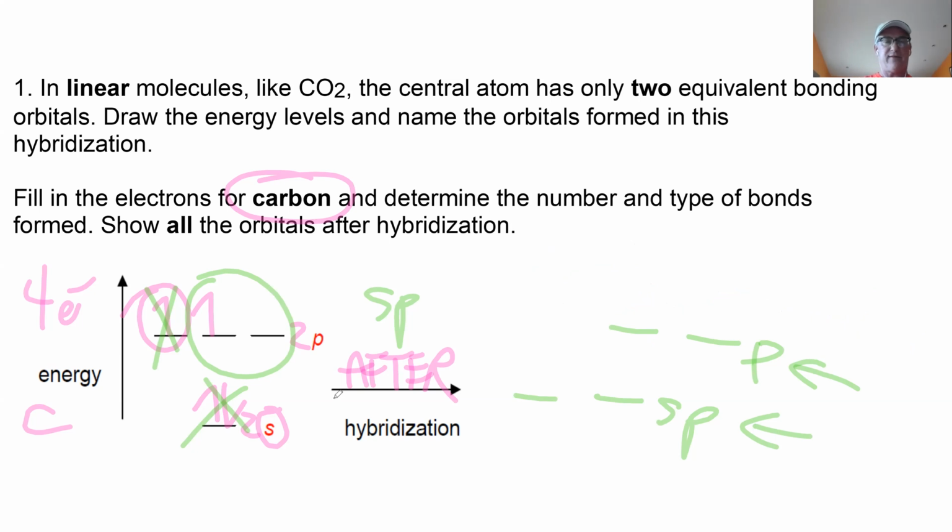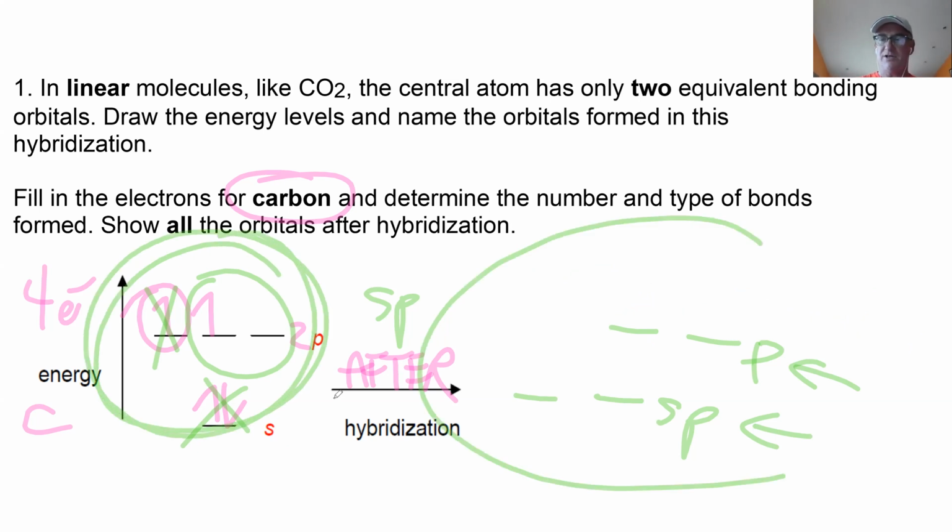So now instead of having this orientation over here, I now have this orientation over here. I still have 4 electrons to put in them. Where do I put them?